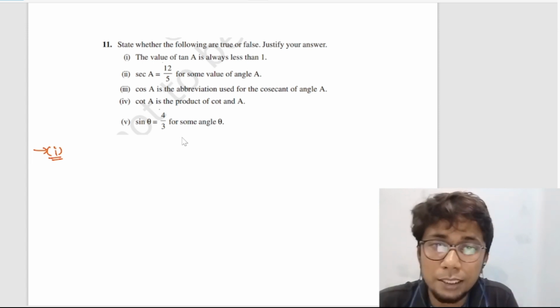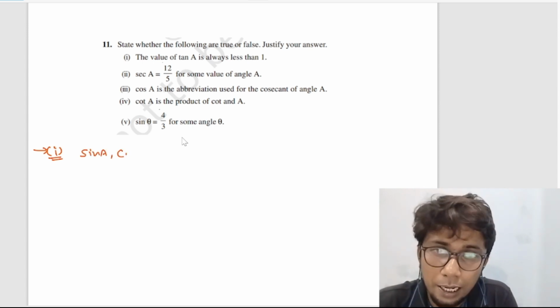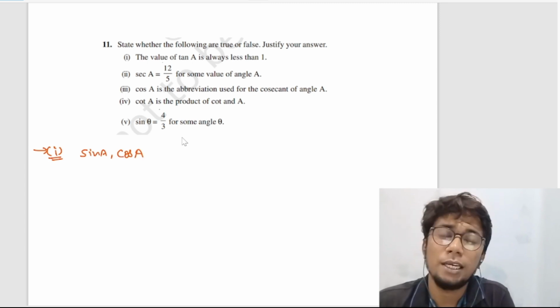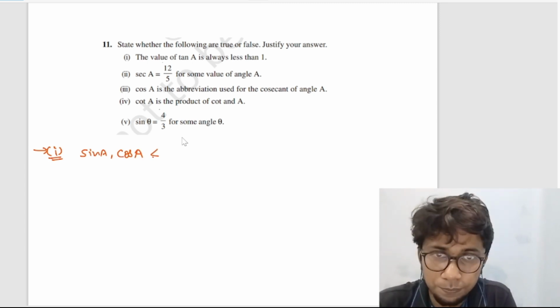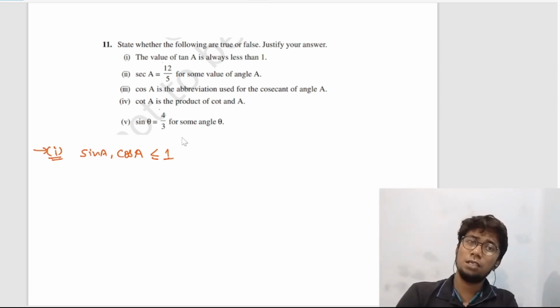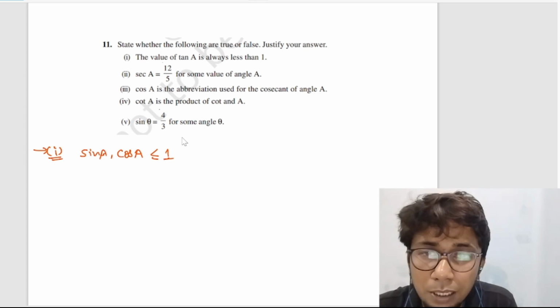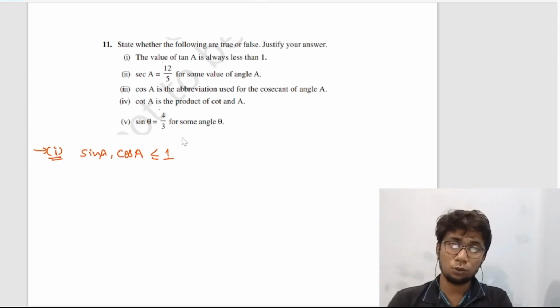See, we studied that sine A and cos A, they are always less than 1. Fine, we studied this, but is it possible that tan A is also always less than 1? So we will try to find some counter examples that will negate this statement.